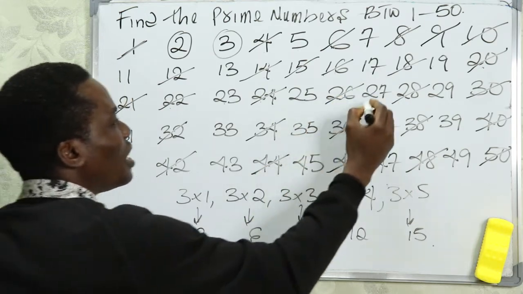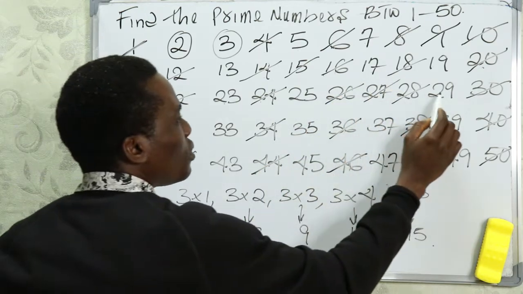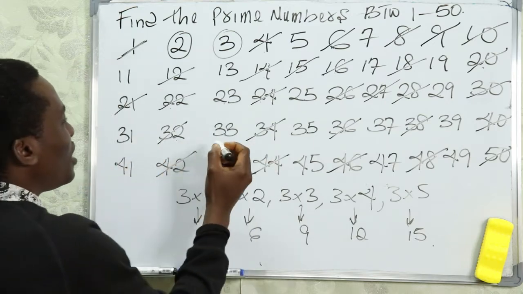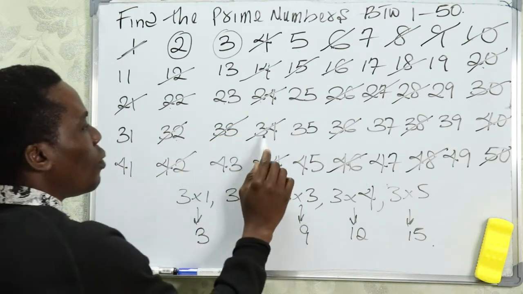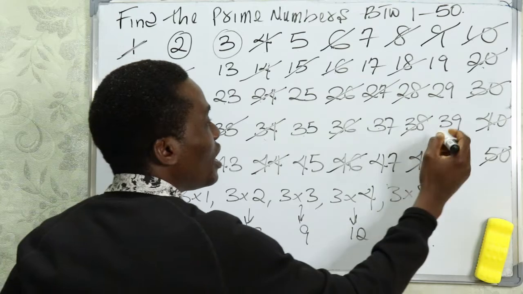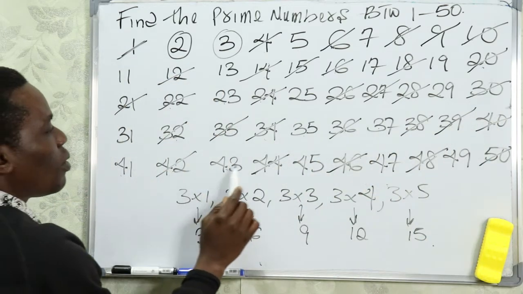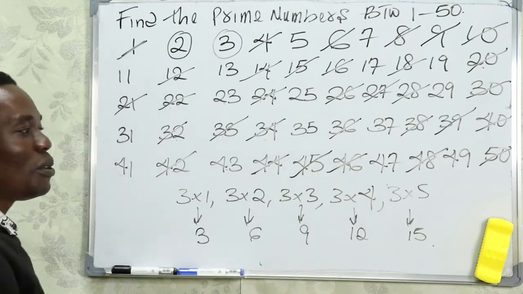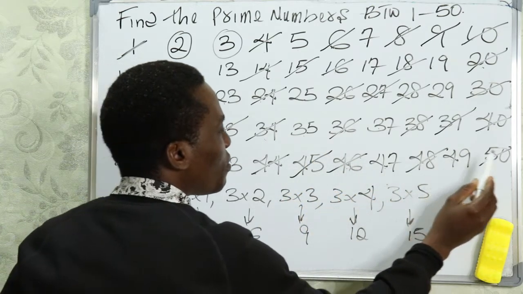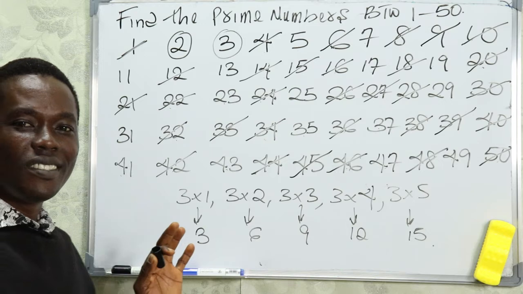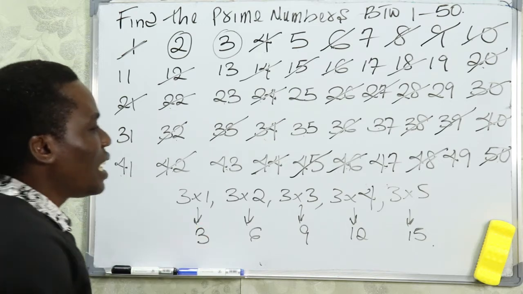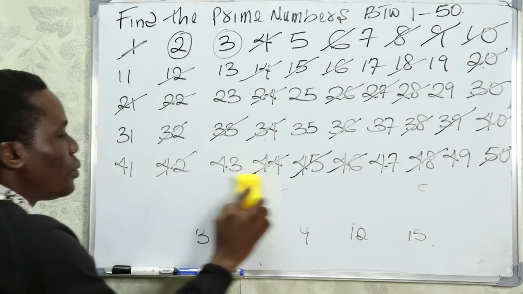We keep repeating this until we reach the end, and that is all. So you see, we have finally isolated the multiples of 3.